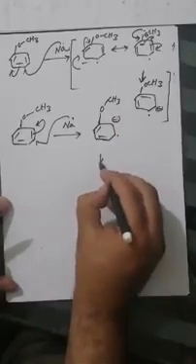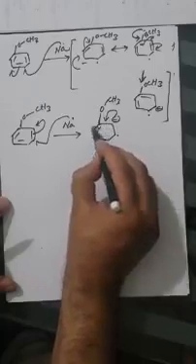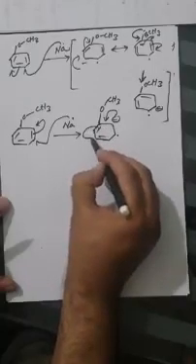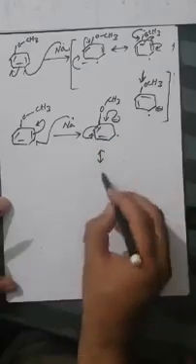Let's draw its resonating structures. This bond will come here, and this bond will move here, and this carbon will get a negative charge.